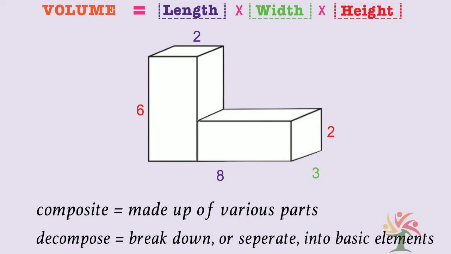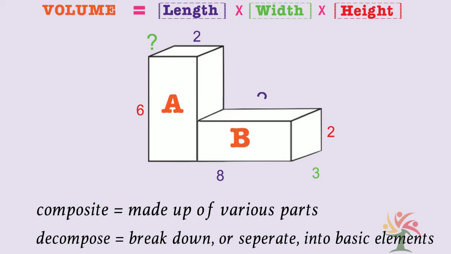We'll call these Prism A and Prism B. Our aim now is to calculate the volume of Prism A and the volume of Prism B and add them together. That will give us the total volume of the composite prism.